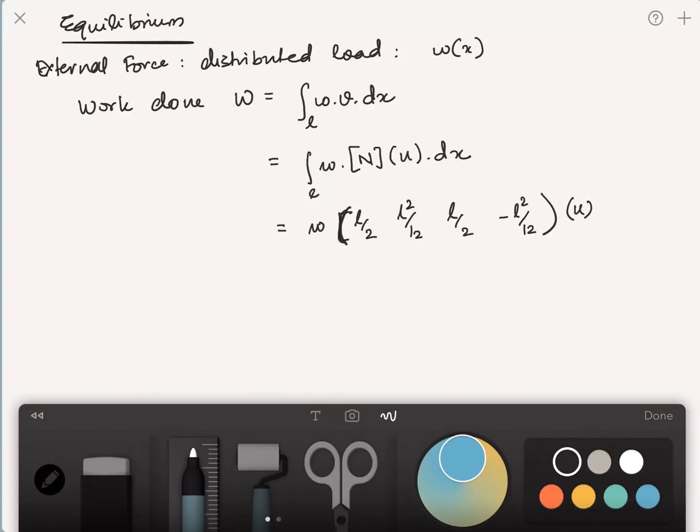Now to arrive at the equilibrium equation, we have to take the negative of the external work done of the system, and then it has to be minimized with respect to each of the nodal displacements, right?